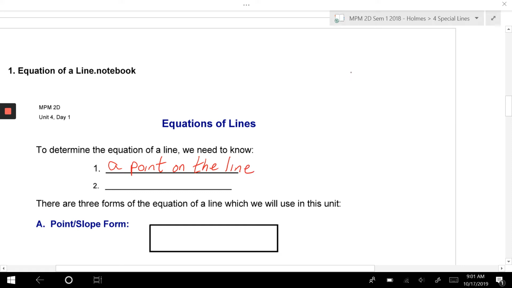And if we think about that, if this is my coordinate system, here's a point. Well, that could be a line, that could be a line, that could be a line, assuming they're all going through that point. So we also need to know what the slope of the line is. With those two pieces of information, we can describe any line with an equation.